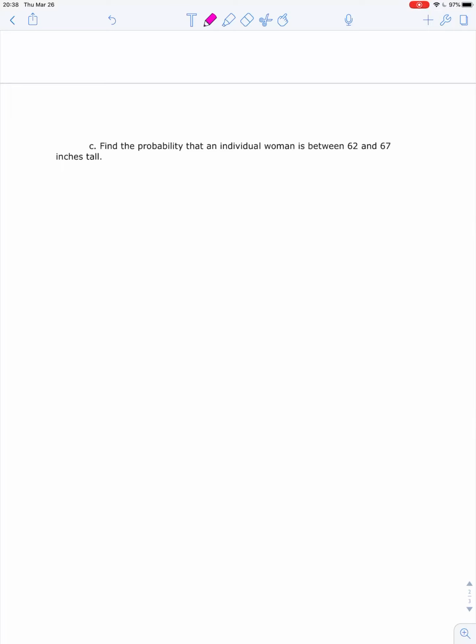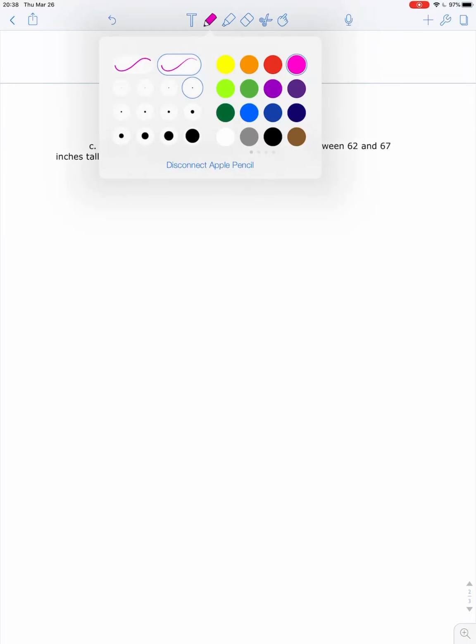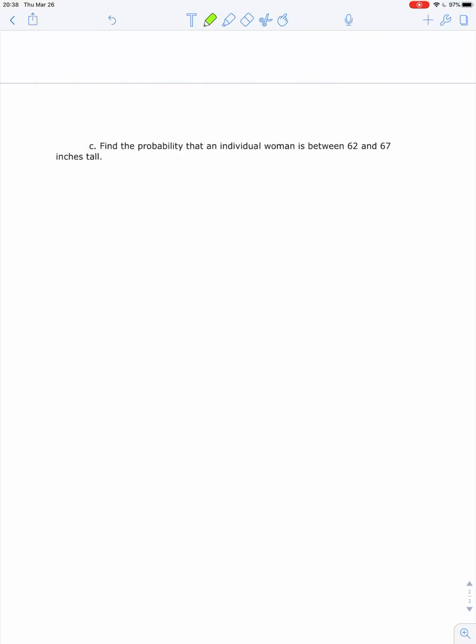Find the probability that an individual woman is between 62 and 67 inches tall. Just like I've been doing, I'm going to underline the important things. We're being asked to find a probability. We're looking at an individual, and now we have between 62 and 67 inches.